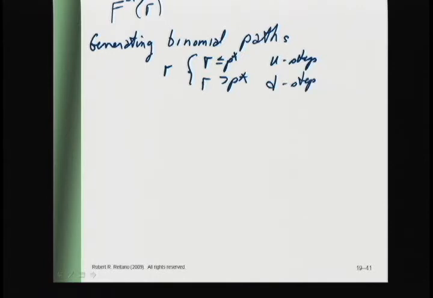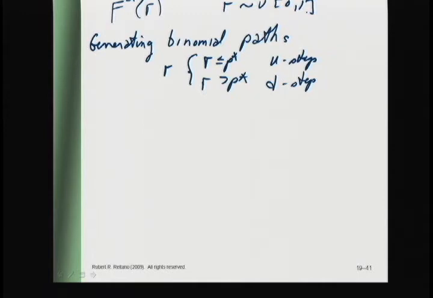So in a binomial lattice, the random variable R is uniform 0, 1, and a uniformly distributed random variable directly gives you binomial paths of stock prices by simply identifying at each step whether you use a U or a D to get to the next step.